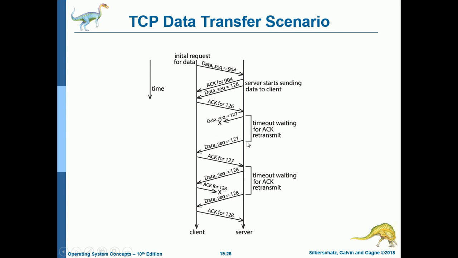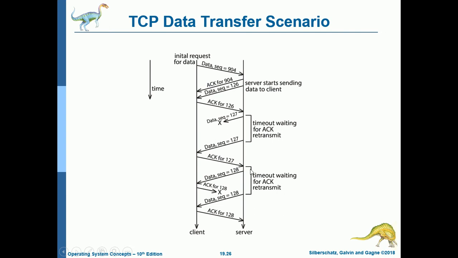So this is the time in which the server will wait for the acknowledgement to be sent back. But of course, if it does not happen, then the server will resend the data again with this sequence number. And then, good for that, the client has received the sequence number, so there is an acknowledgement for 127.